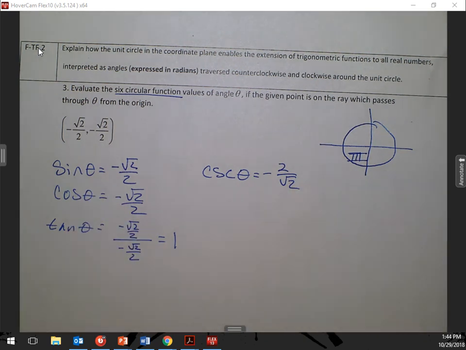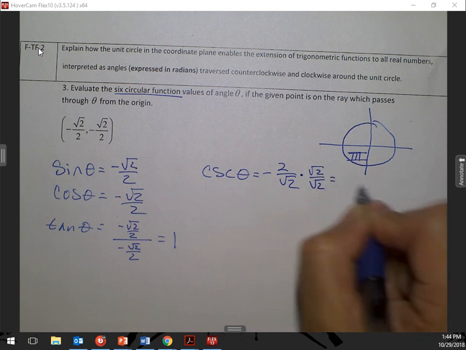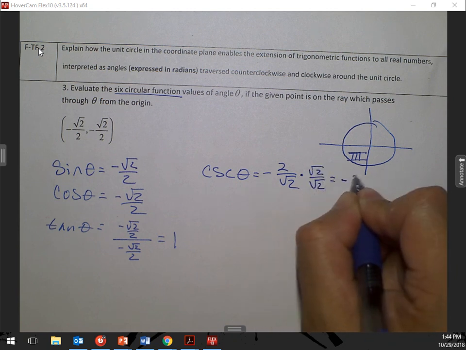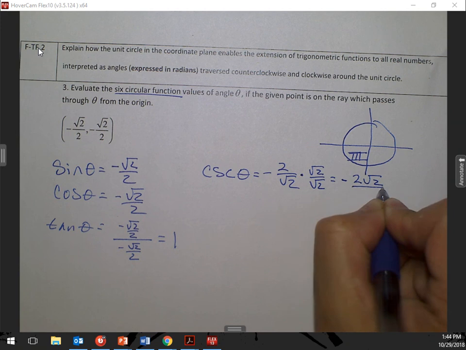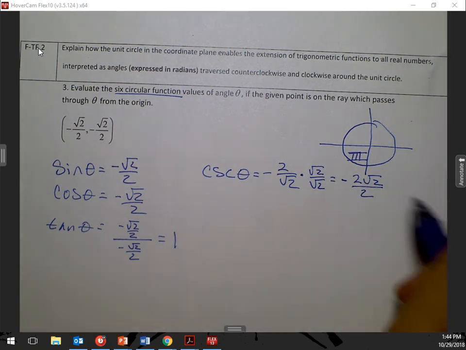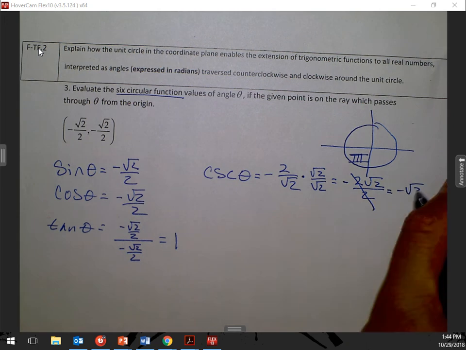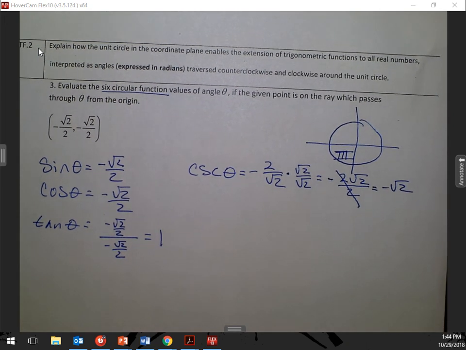So now we have to rationalize, don't we? So I'm going to multiply top and bottom by rad 2 over 2. When you get negative 2 rad 2 over 2, what happens? The 2's get canceled. So negative rad 2. Very good, negative rad 2 is my answer.